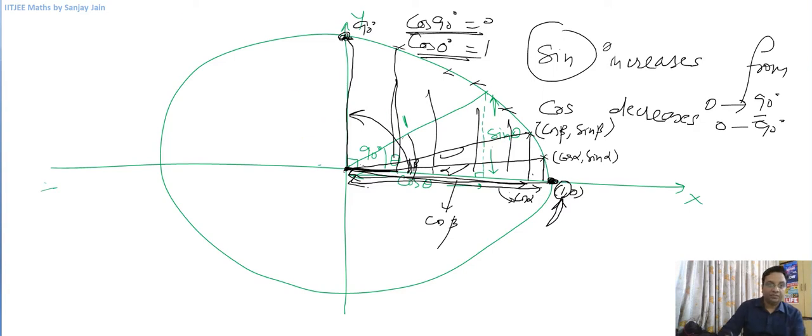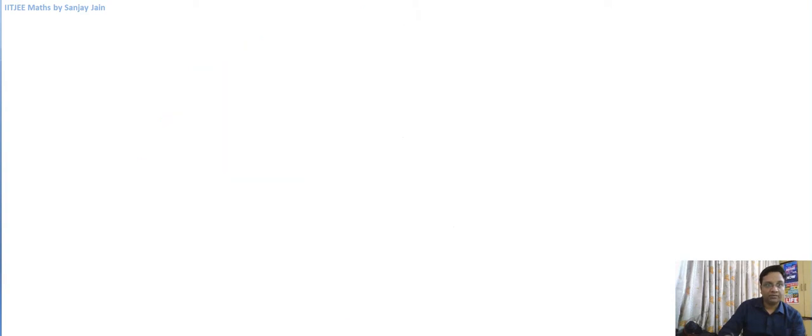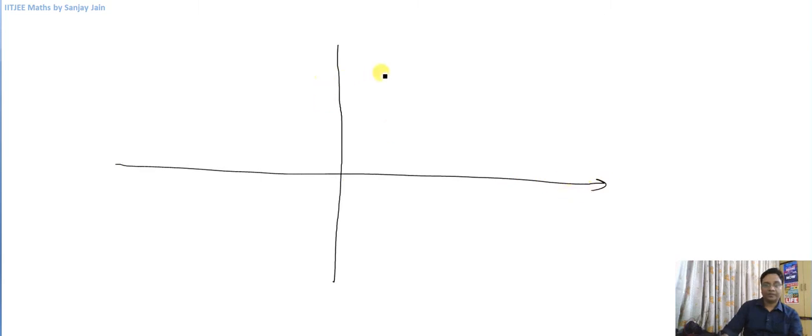Right? Let me make another diagram, or let us use the eraser here. No shortcuts, let's use another diagram. Okay. So let me make this circle once again.